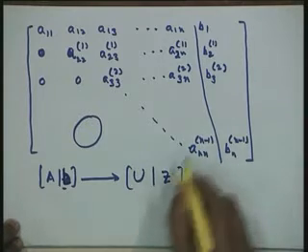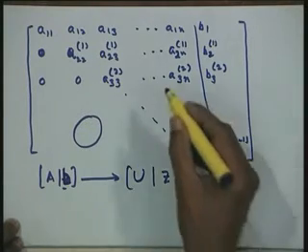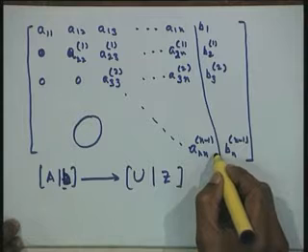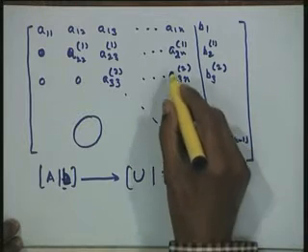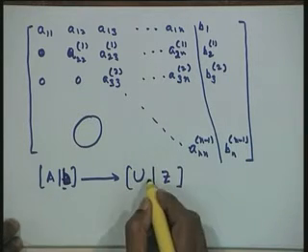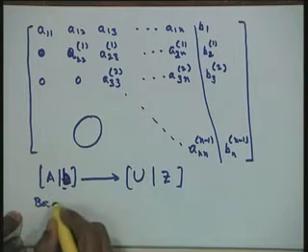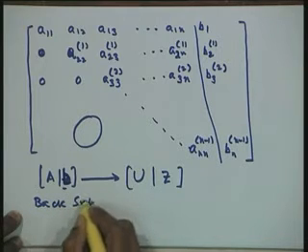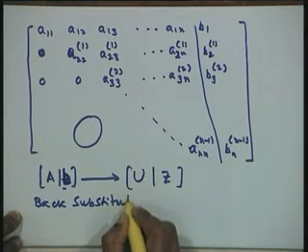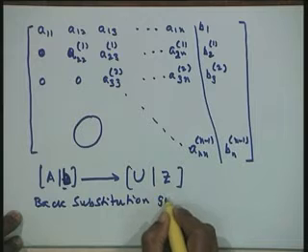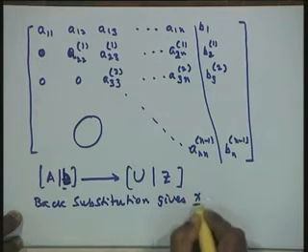Now I solve Ux equals b tilde by back substitution. I can get the value xn from here, I can get xn minus 1 from here, and therefore back substitution gives the solution, our vector x.